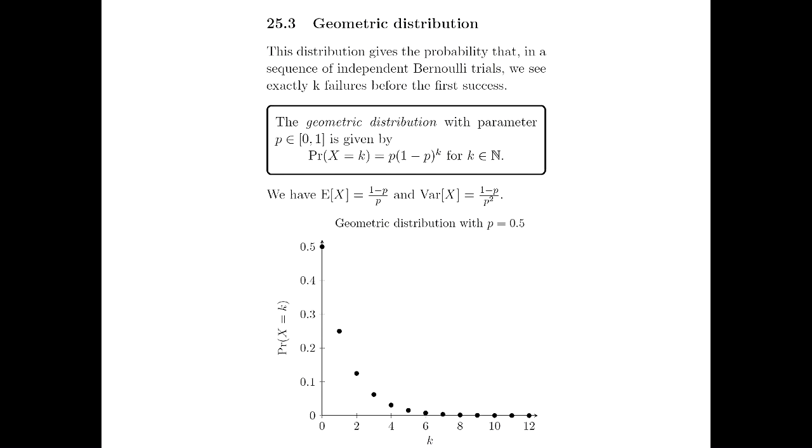And what we're going to do is count failures before our first success. So zeros before our first one, or probability 1 minus P events before our first probability P event, right? Because of course, failure and success is relative here, right? We can define them how we like.